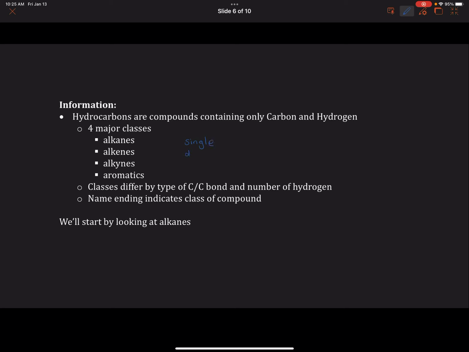Alkenes are going to have one or more carbon-carbon double bonds. Alkynes are going to have one or more carbon-carbon triple bonds. And then our aromatics. Aromatics are typically going to consist of a ring, not always, but generally a ring of alternating double bonds. And we'll see some examples of that.